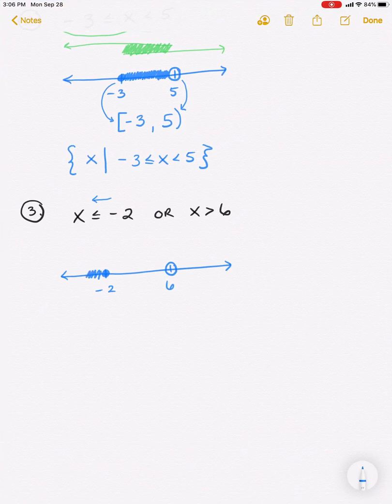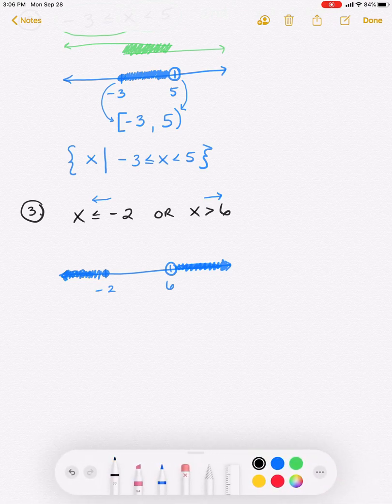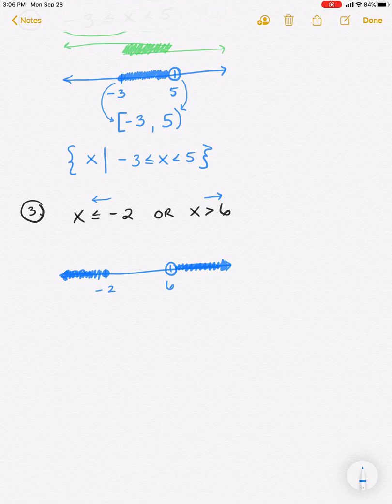So we're going to shade X is less than or equal to -2, or I'm going to shade X is greater than 6. And so when you see the ors right here, you shade the combined sections of both of the inequalities. And so we have our solution going in two separate directions. Our interval notation, we have to remember this goes forever to the left.